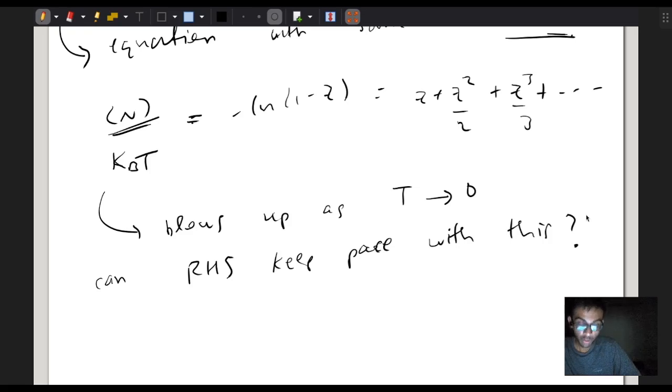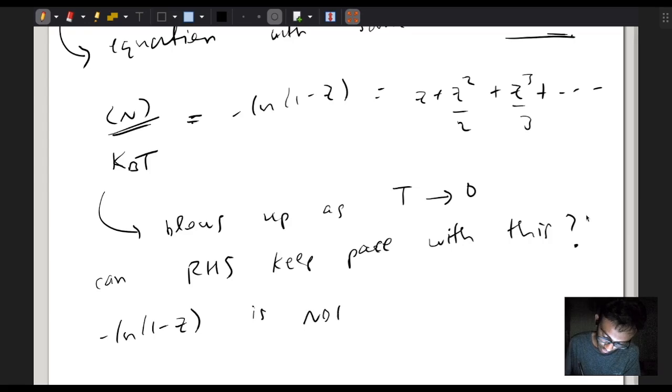So we are missing out on some macroscopic number of states, and we have to correct this by explicitly adding the contributions due to the low-lying single particle states. But in this case, this RHS, minus log(1 minus z), is not bounded for z less than 1.